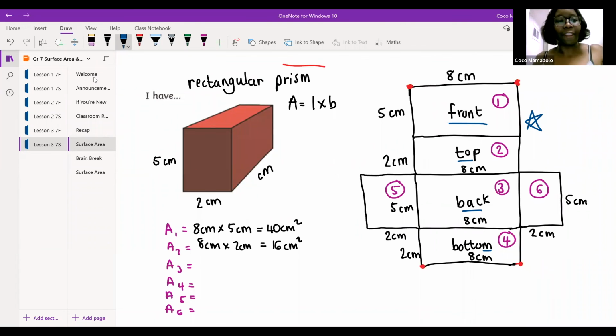Can I also ask another question? Yes. With the length and breadth, isn't length the same as height? Not particularly. The length is this long side that's on the floor, and the breadth is the short side that's on the floor.